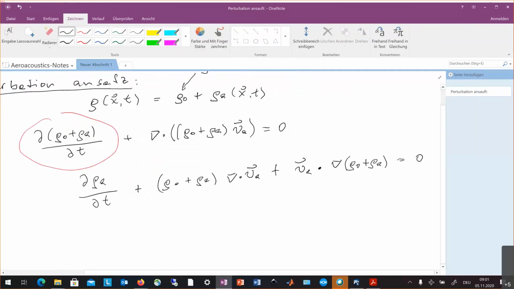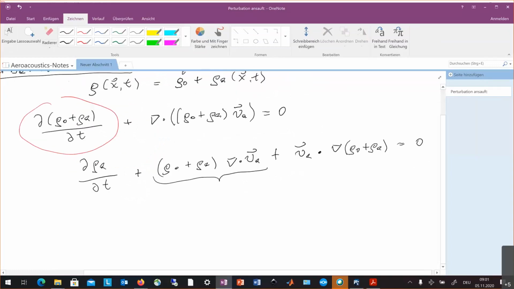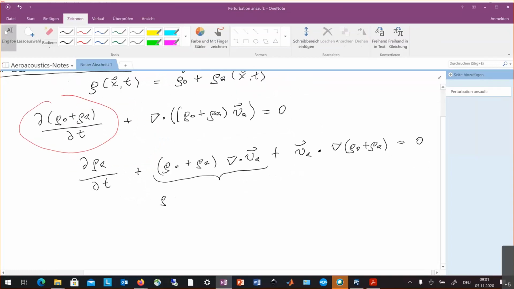And when we now look at these terms, clearly we can write the first as mean density times the divergence of the acoustic particle velocity, plus the acoustic density times the divergence of the acoustic particle velocity.